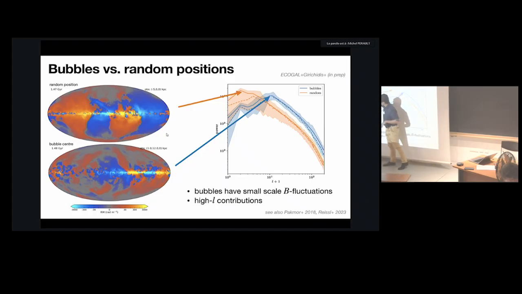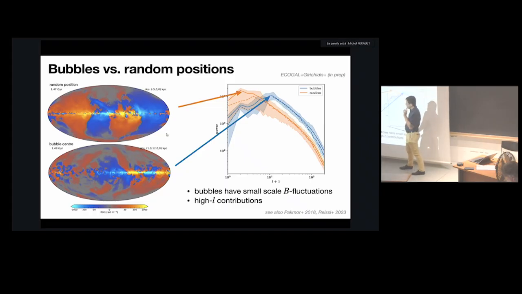I can clearly see the midplane, and I see large patches of positive and negative rotation measure. That's not surprising. If I choose a random position in the galaxy, I'm likely to be in a diffuse medium, and a diffuse medium without specific enhanced star formation has a large-scale field in the toroidal direction, which gives me those large patches.